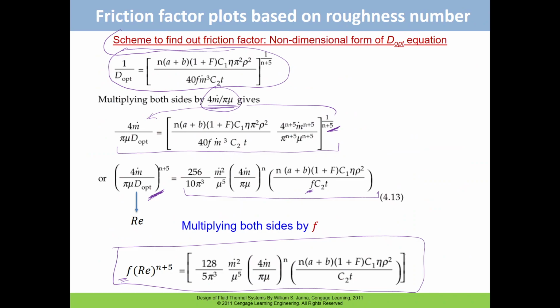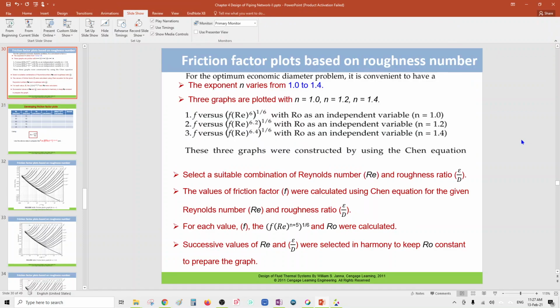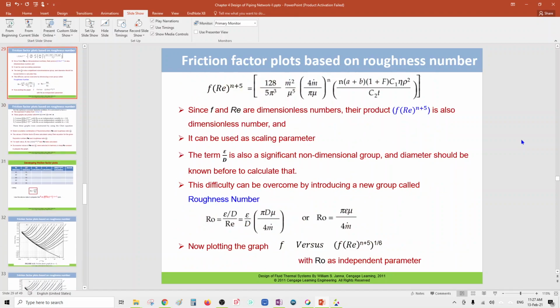I think I made a mistake here, there is some editing mistake. This is actually 5 plus 1. This is actually 6. This 6 is constant, as we can see here.